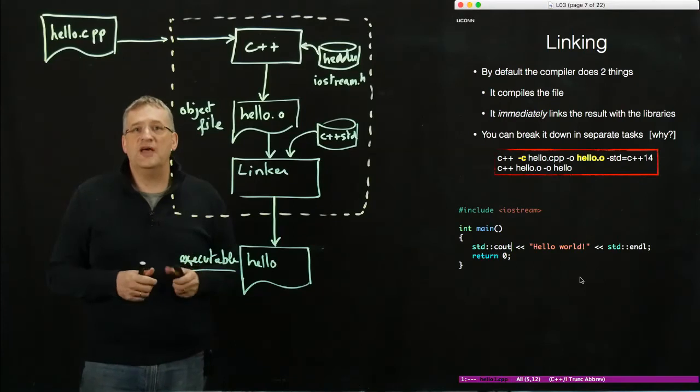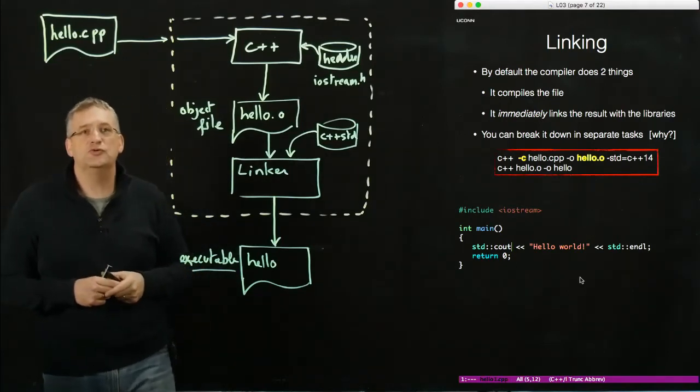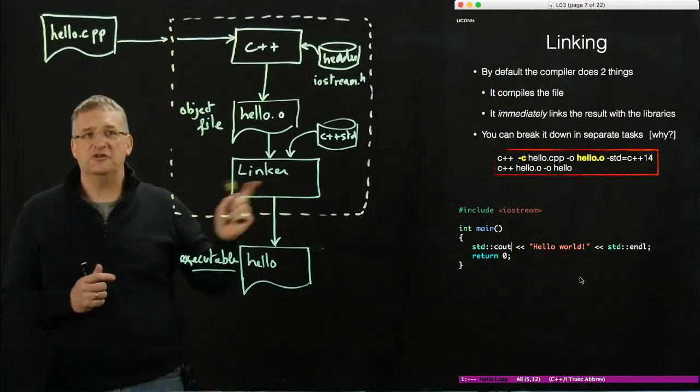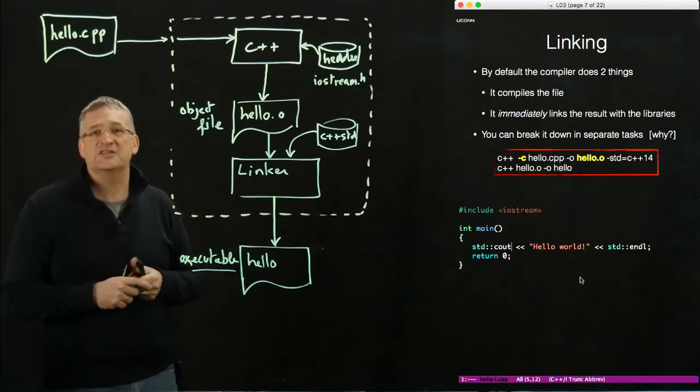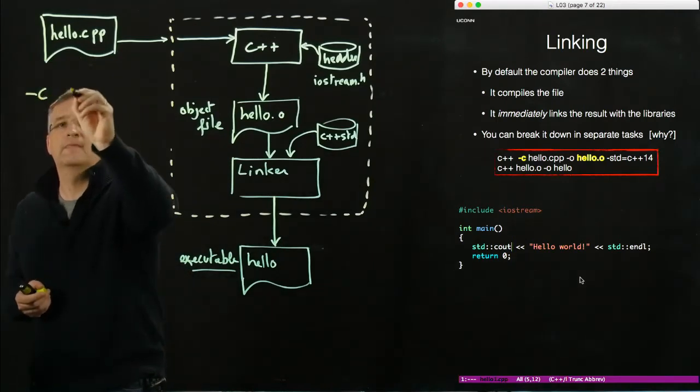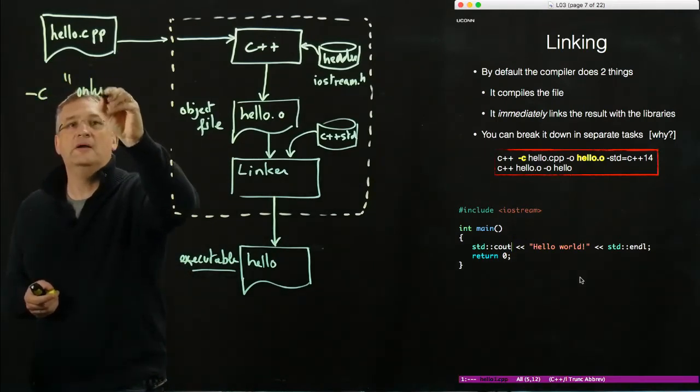So when you want to do that, thankfully it's very easy to do. All you have to add is first an option that's given in yellow over here, -c. So -c asks to only compile.